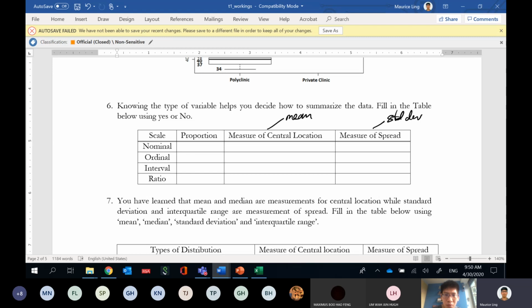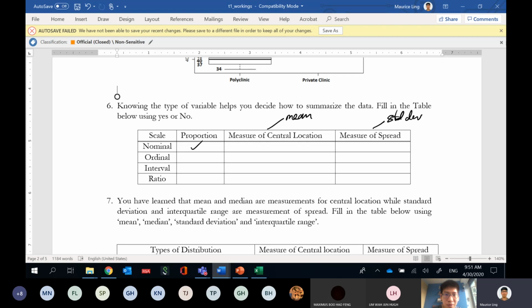So which one is logical? Can you use proportion for nominal data? Yes, you can use proportion for nominal data. Does it make sense to do central location? No, because nominal doesn't have a range.